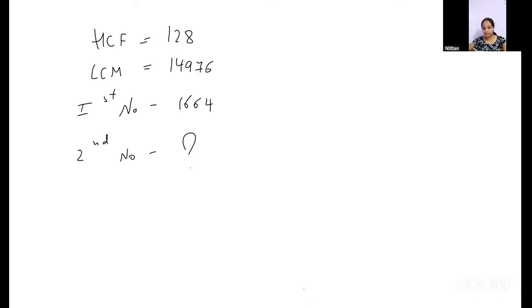So for this question, we know that the product of HCF and LCM equals the product of my first number and second number. Then in this formula, I can put my values. 128 is the HCF, LCM is 14976, equals the first number, 1664, multiplied by the second number.